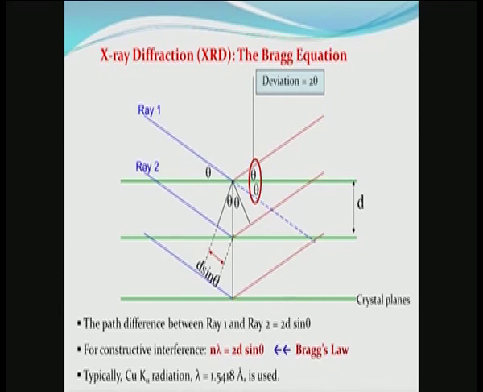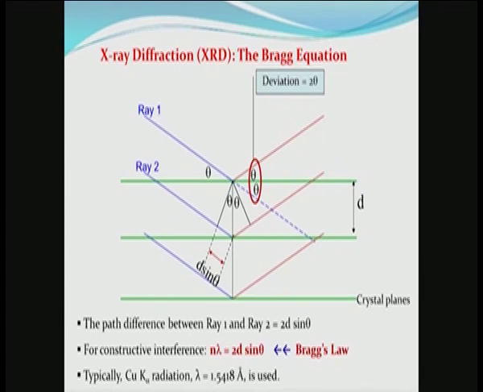If 2d sin theta is equal to n lambda, where n is an integer and lambda is the wavelength of the X-rays incident upon this sample, then you get constructive interference, or n lambda is equal to 2d sin theta, for those values of theta, which means that you get diffraction peaks at these values of theta.